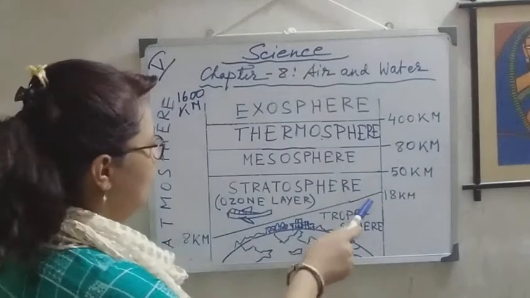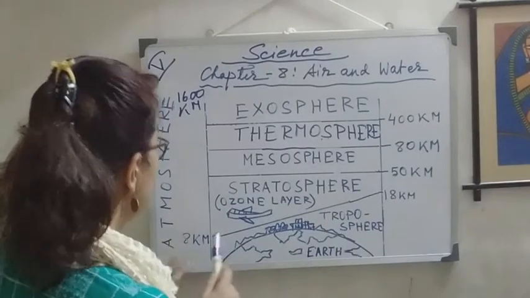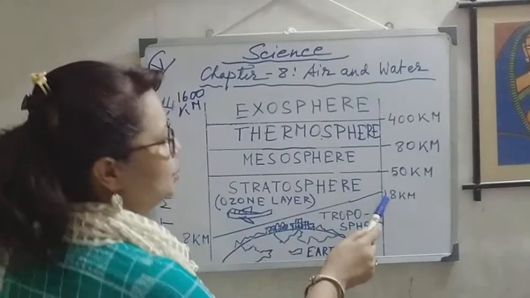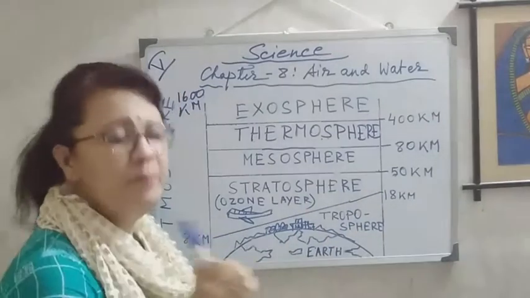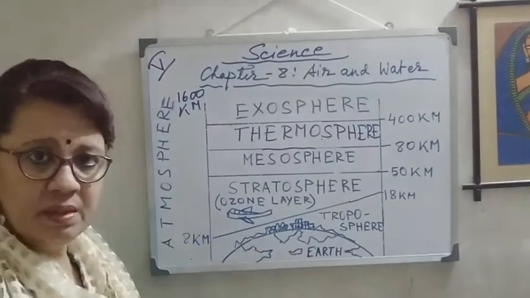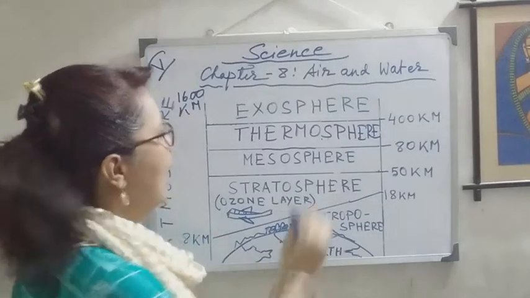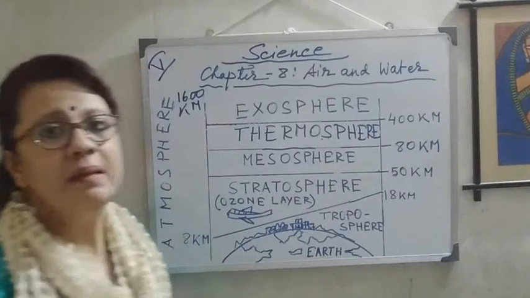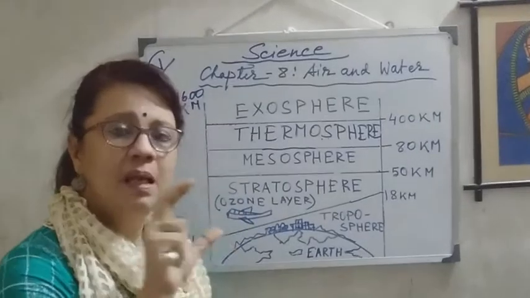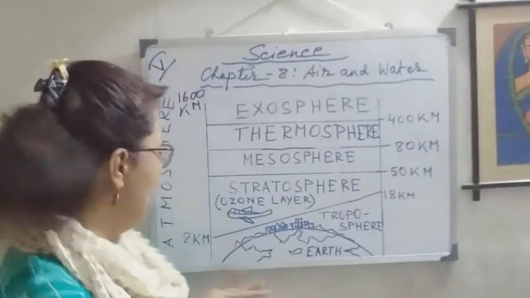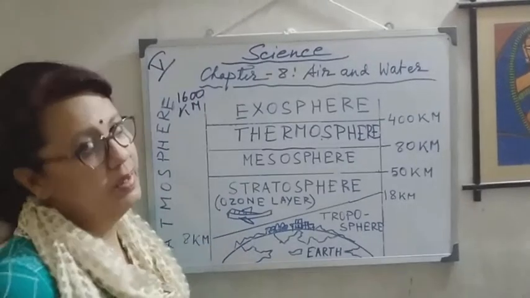The first layer is troposphere, which extends 8 kilometers to 18 kilometers. It extends 8 kilometers at the polar region, North Pole and South Pole, and 18 kilometers at the equatorial part. It is thicker in the equatorial part and thinner in the polar region.